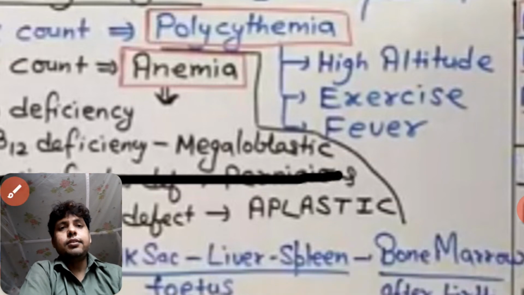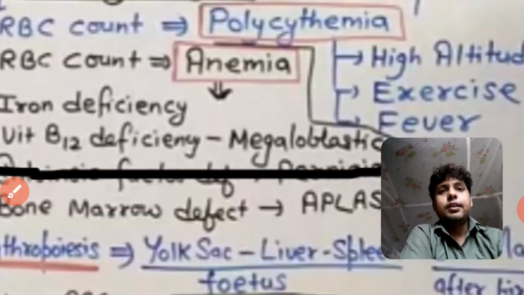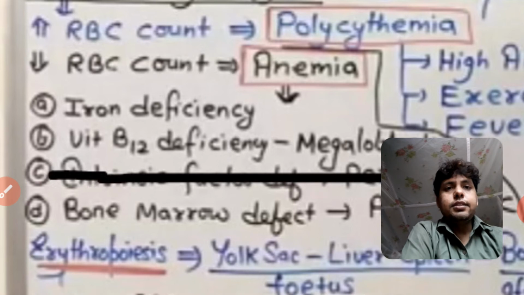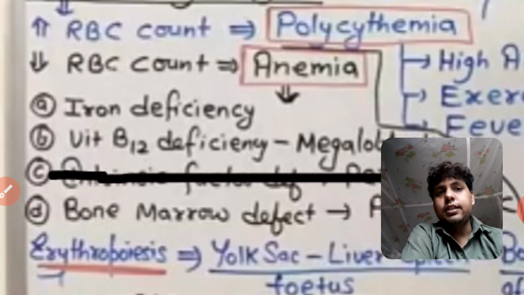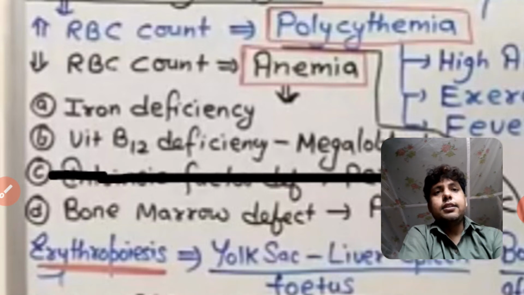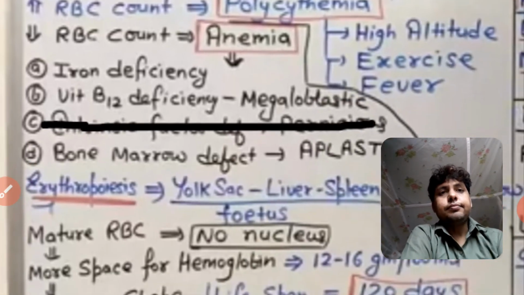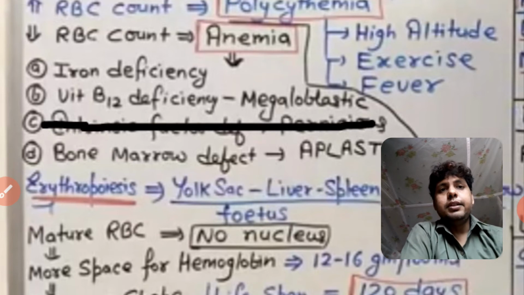These are iron deficiency, vitamin B12 deficiency, intrinsic factor deficiency and bone marrow deficiency. This type of condition may reduce the production of RBC or decrease the number of RBC in the blood below average, and anemia may occur.